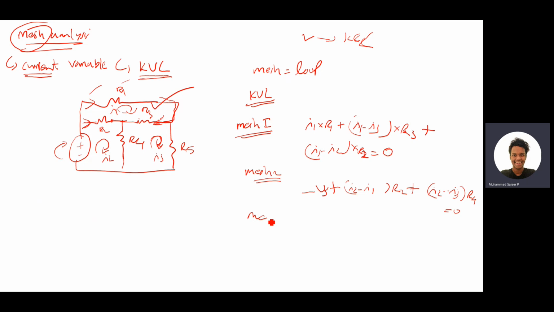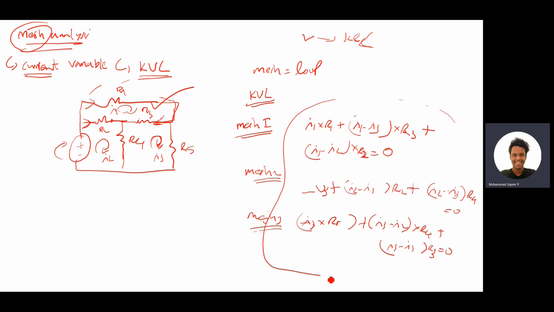In a similar way, mesh 3 will be I3 into R5 plus (I3 minus I2) into R4 plus (I3 minus I1) into R3 equals 0. So now you have all three equations.